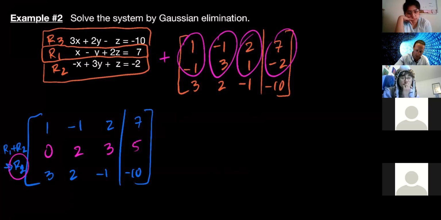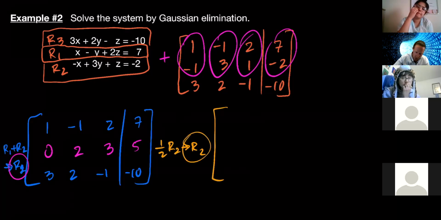Next, I want to get that 2 to become a 1. So I'm going to have to do what to this whole thing? Divide by 2. Yep, unfortunately. So I'm going to take half of row 2 to get a new row 2. So again, only changing row 2.